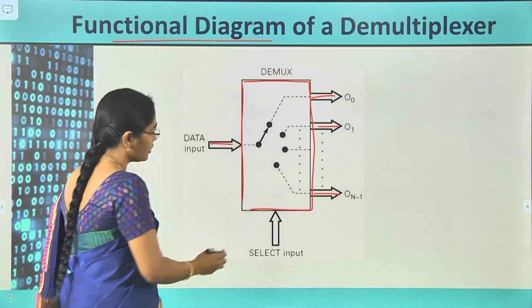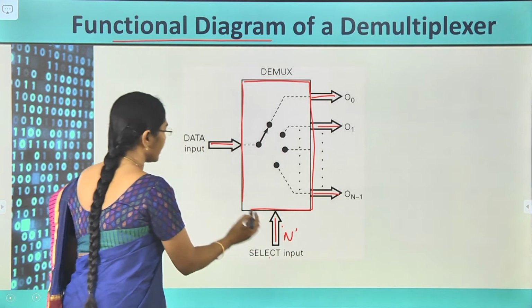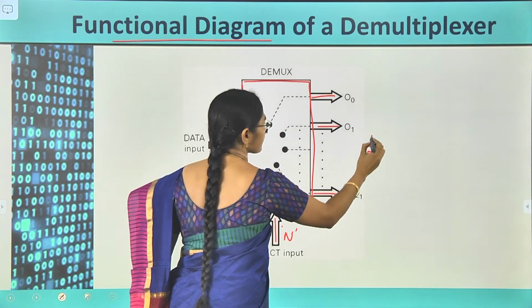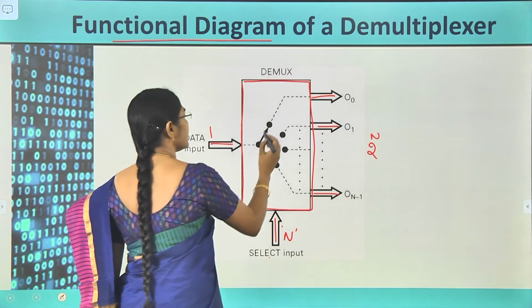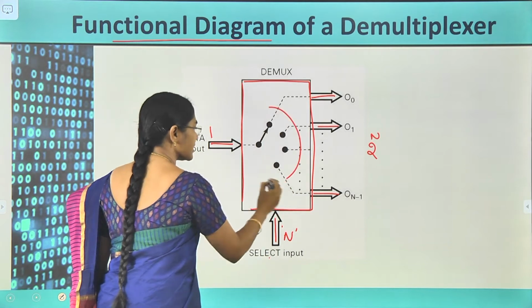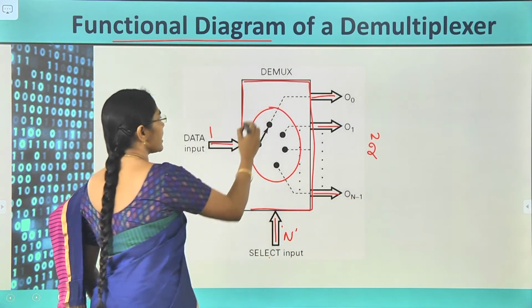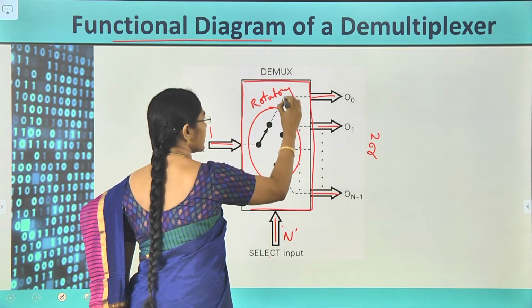The same thing with n selection lines: selection input is n, one input and 2 power n outputs. The same thing is represented, but here its functionality is actually this one. Its function can be represented as a rotary switch.